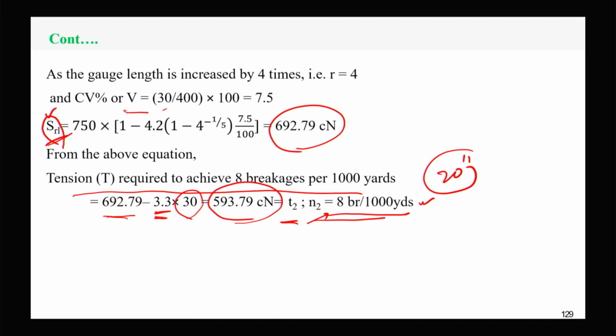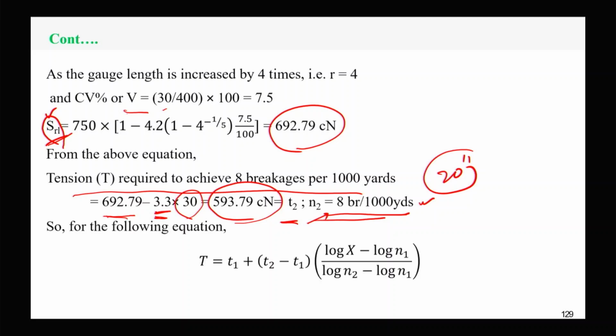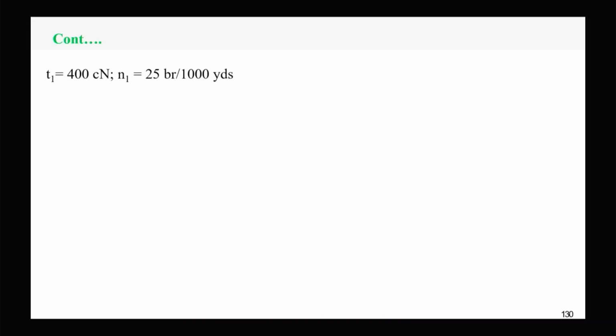Earlier T1 and N1 were given, so we can use the given relationship here. T1 was 400 centinewton and N1 was 25 breaks per 1000 yard, which was given.